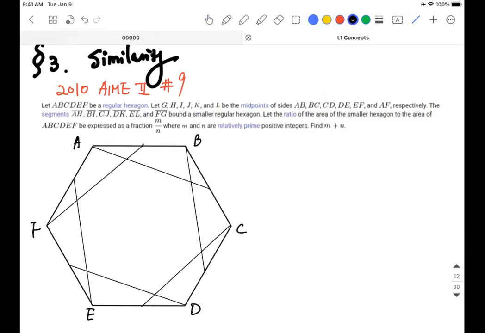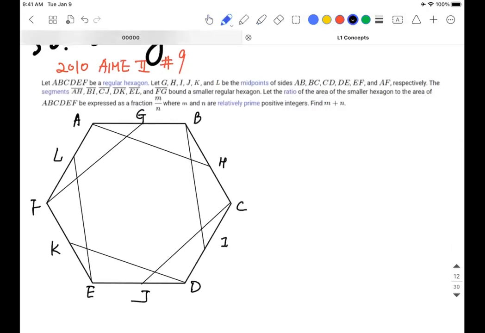Okay, so let's have a look at it all together. Let ABCDEF be a regular hexagon, and let G, H, I, J, K, L be the midpoints of the six sides. So you have a regular hexagon, you find all the midpoints, and then you make the connections.